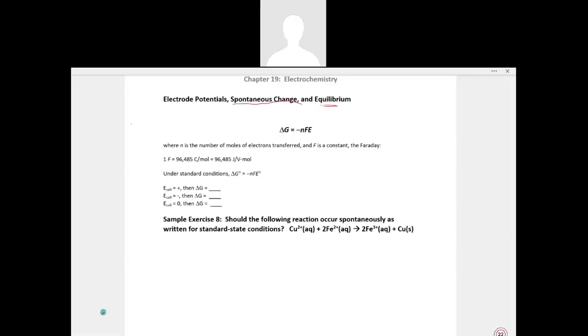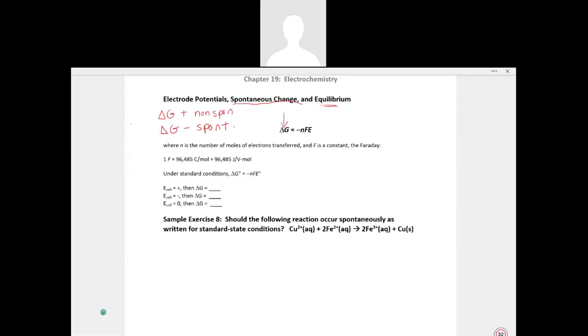But you might have recalled in chapter 18 that you found a reaction to be spontaneous depending on the delta G, the Gibbs free energy. We saw that if delta G was positive, we had a non-spontaneous reaction, and that if delta G was negative, we had a spontaneous reaction under certain conditions.